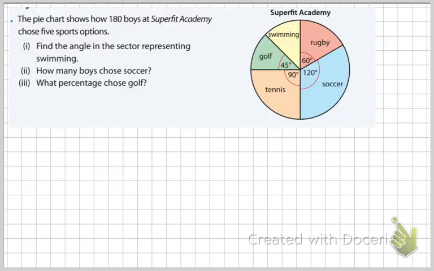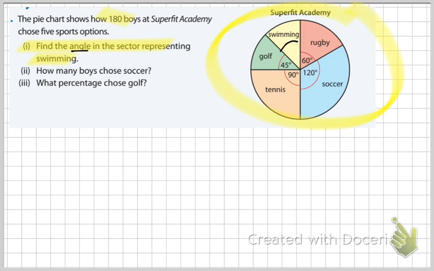It says that the pie chart shows 180 boys at a Superfit Academy, and they choose 5 sport options. So they have 5 sporting options, and they're all listed in your chart over here. The first question is, find the angle in the sector representing swimming. So we go to our chart and we see that there's a little gap here for swimming, and we need to find the angle in it.